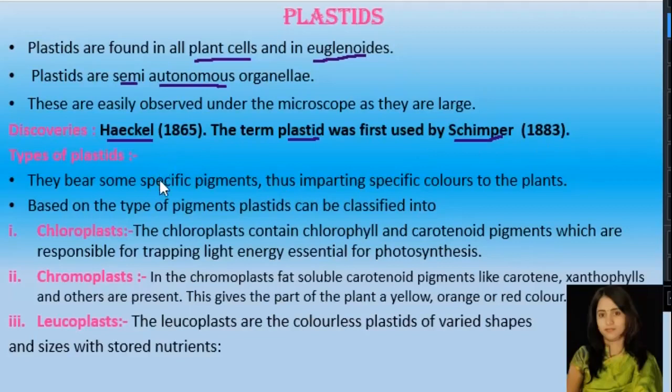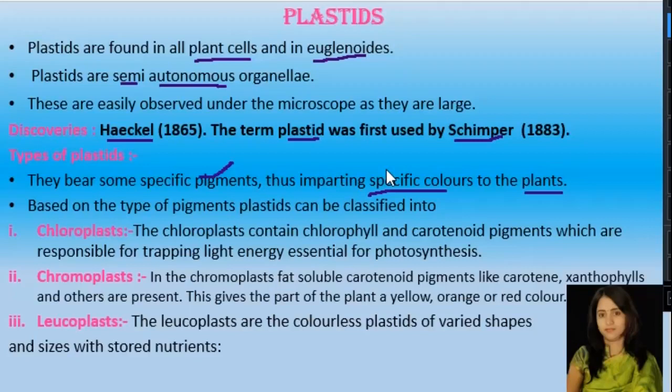There are different types of plastids present. Some of them consist of specific pigments, and these pigments impart specific colors to plants. For example, you might have seen the different colored petals of the flowers of angiosperms and different colored fruits.